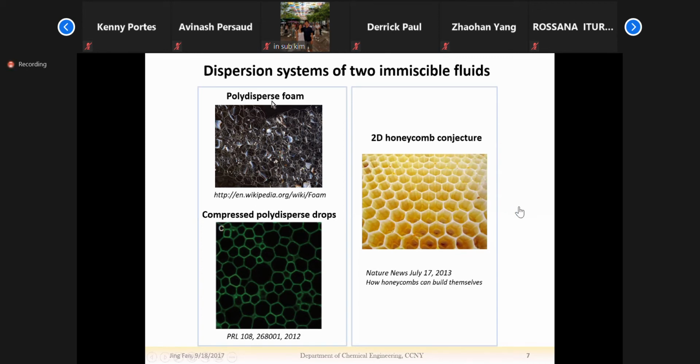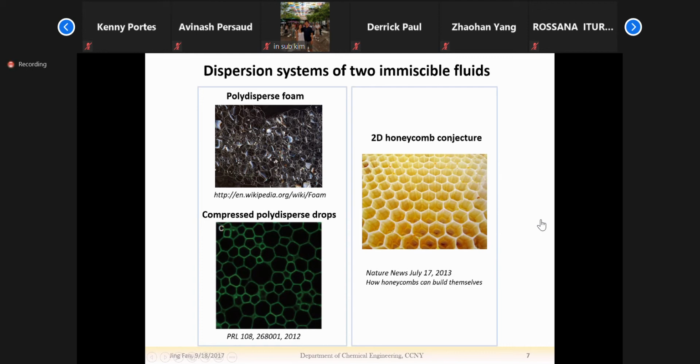In nature, we usually see polydispersed foams or emulsions, meaning those droplets or bubbles are not the same size, and therefore when they deform, they also have all different kinds of shapes. However, if we have a monodispersed system with uniform sized bubbles or droplets, then after they deform, they would have beautifully structured lattice patterns like the honeycomb, where each cell is hexagon shaped.